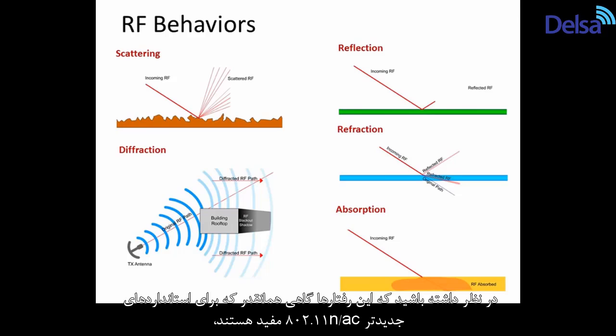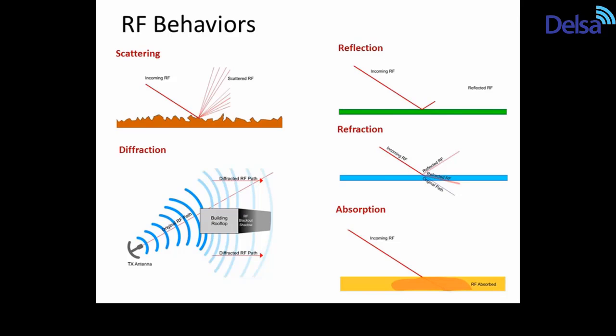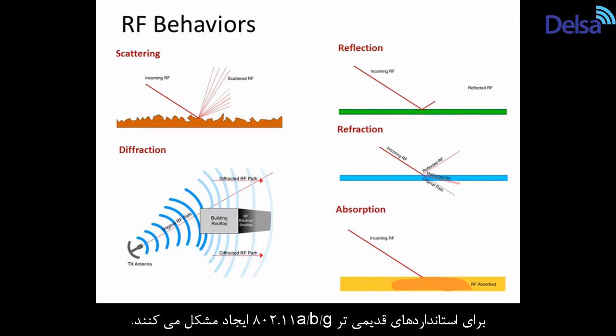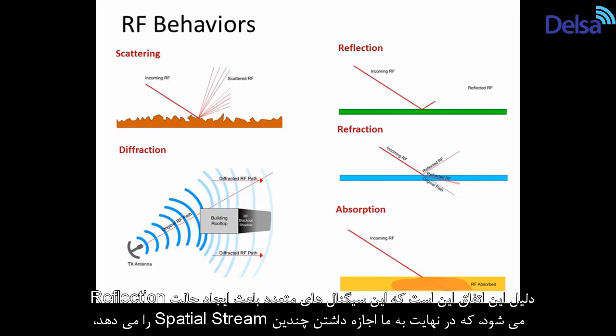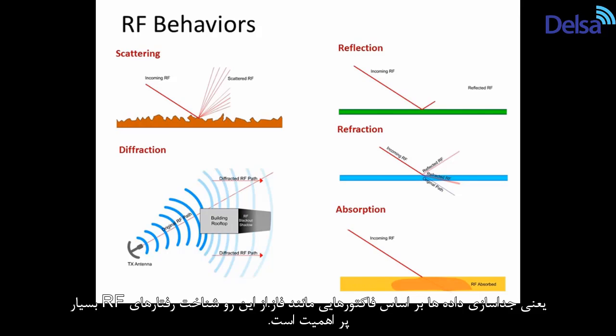Now, the interesting thing is that this can be bad for old type of networks like 11b/g and 11a, but it can be very good for new networks like 11n and 11ac, because these multiple signals give us this reflectivity that allows us to have multiple spatial streams, separation of data based on phases and other factors. So RF behaviors, key to understand.